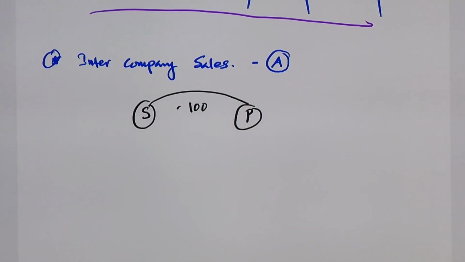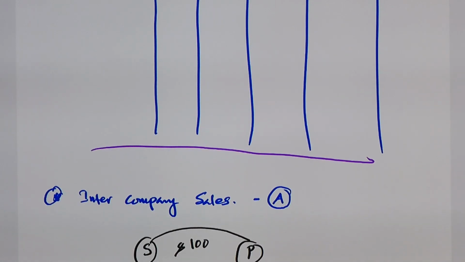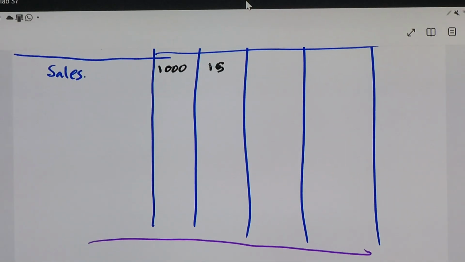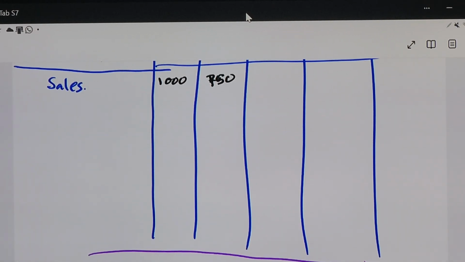$100 or 100 million, think like this. Now the subsidiary is selling $100 million worth of goods to the parent. Let's say this is 1,000 million, and this is 750, for example.